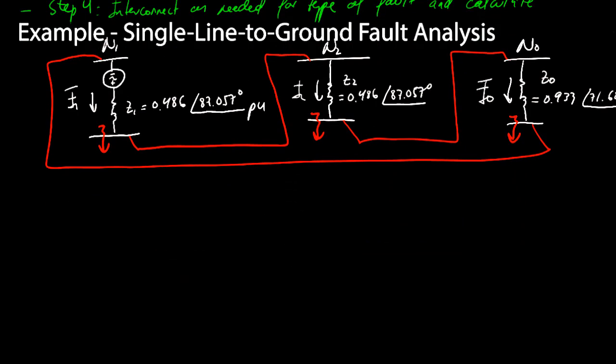So now if I go back, let's do white over here. Now I can calculate my currents, right? I know that I1 is going to be the same as I2, which is going to be the same as I0. The reason is that I1 flows this way and it flows over here, and then we have I2 flowing in the negative sequence network. So essentially I1 is going to be the same as I2.